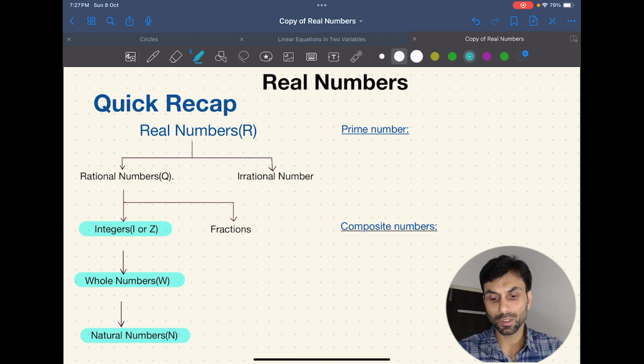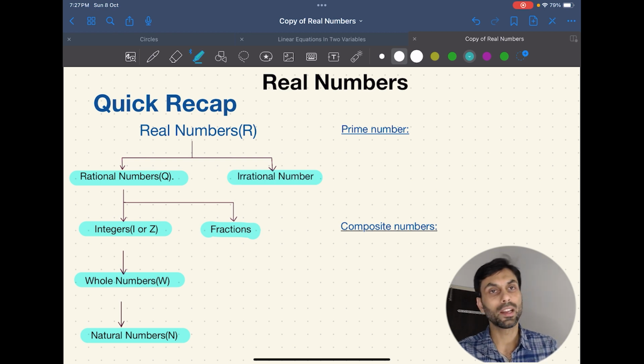If you go further, then we have another type of number which is not an integer, known as a fraction. Collectively, the integers and fractions make rational numbers, which are denoted by Q. And if you combine the rational numbers along with another type of number, which is irrational numbers, then we get real numbers.